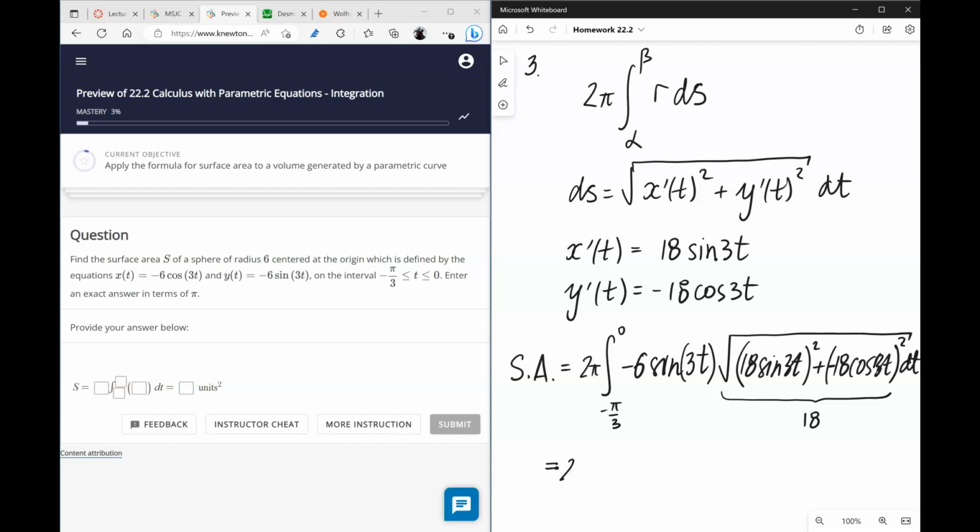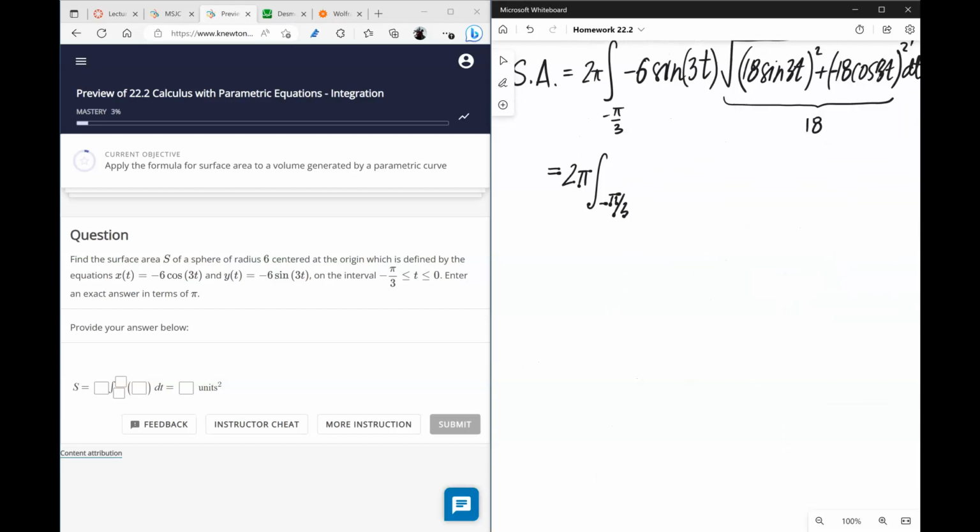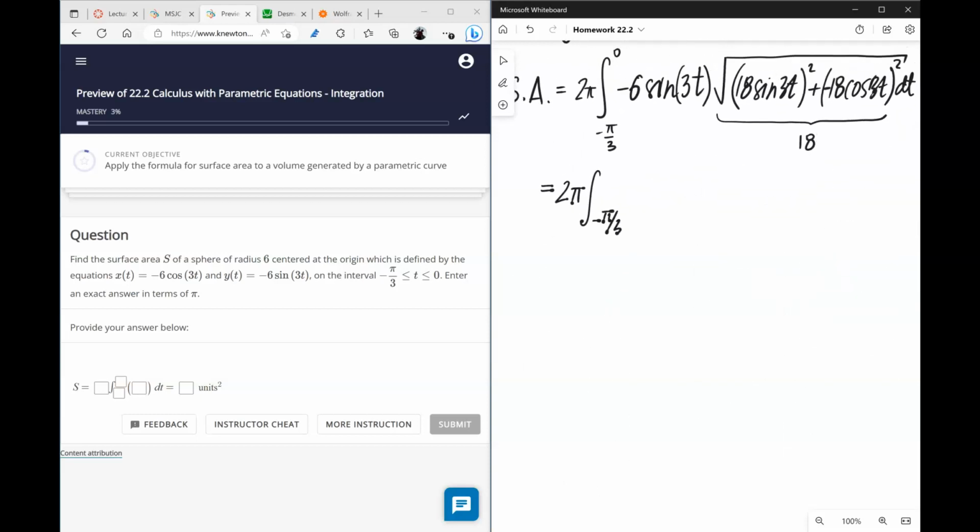We're going to get 2 pi integral from negative pi over 3 to 0 of, we have negative 6 times 18, it's negative 108 of sine of 3t dt. So the answer will be 2 pi negative 108 divided by 3. We're going to get negative cosine of 3t from negative pi over 3 to 0.